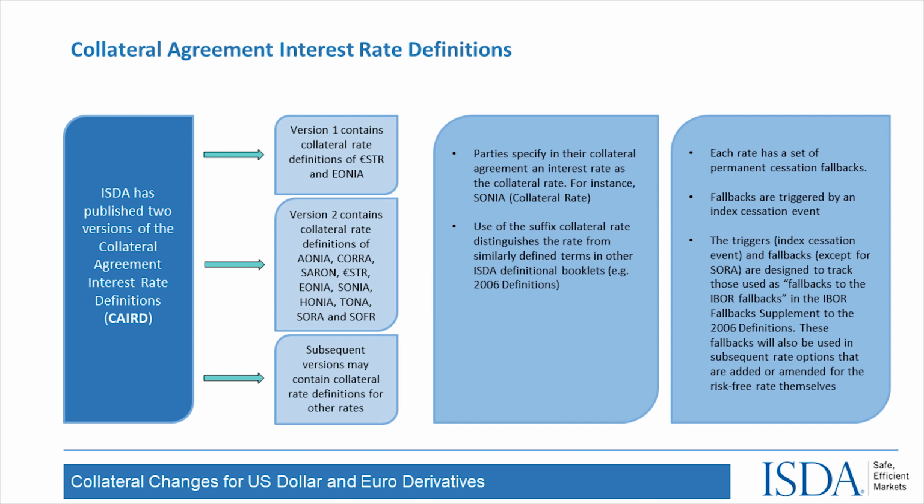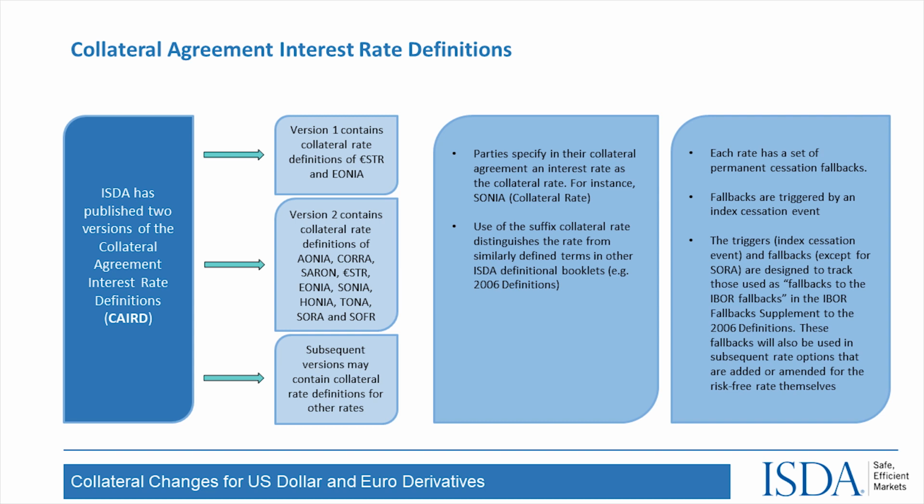And this is a new approach to publication of a definitional booklet, because those new rates will not be published by way of supplement, but will be incorporated into the existing definitional booklet, which will simply be reversioned and republished in full.